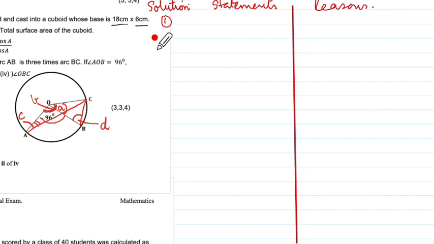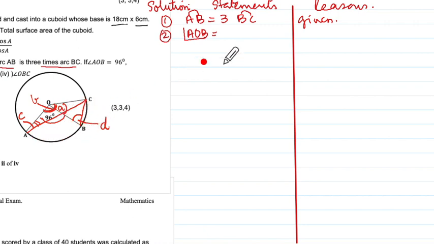Our first statement, we will write that arc AB is 3 times arc BC. So I'm writing arc AB like this is equal to 3 times arc BC. I'll write the arc like this. You can even write ARC here, not a problem. This is given. The second part, if AB is 3 times BC, then the angle subtended by AB, that is angle AOB at the center, is going to be 3 times angle subtended by this BC at the center.